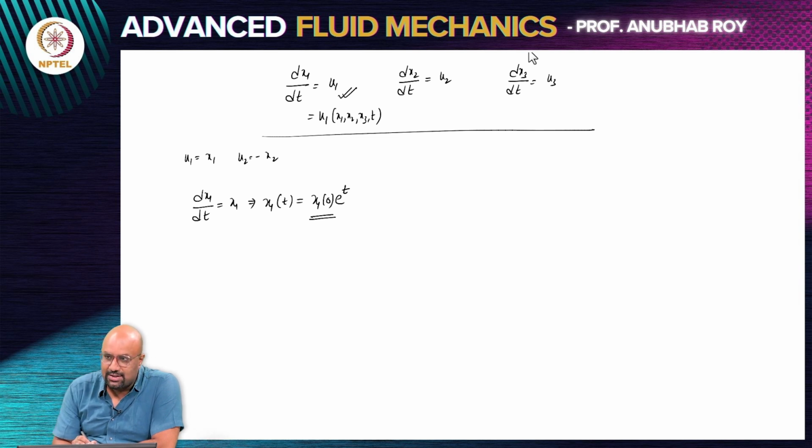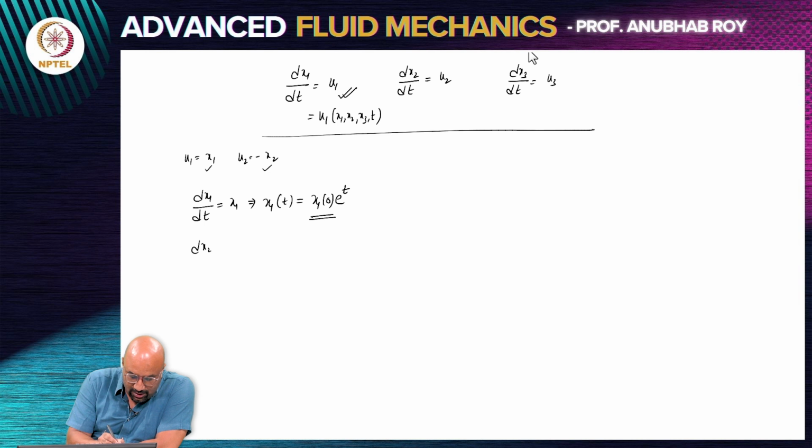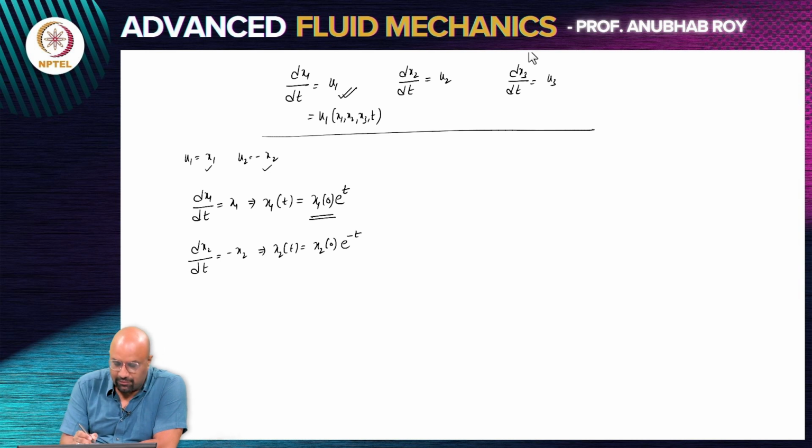This flow field is given to you. In this case, the x component is equal to x1 and the second component is equal to minus x2. So, if you now solve for the second coordinate, dx2/dt is equal to minus x2. So, x2 of t is x2 of 0 times exponential of minus t.